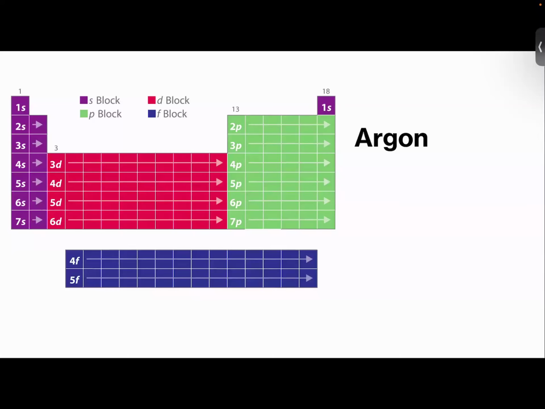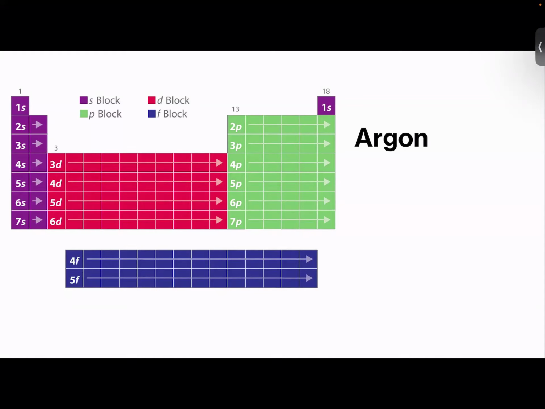That it is the 1s with helium being a 1s. Then the 2s, 2p, 3s, 3p, 4s, 3d. Again, we put the 4s before the 3d because it's just slightly lower in energy. And then we move to the 4p.